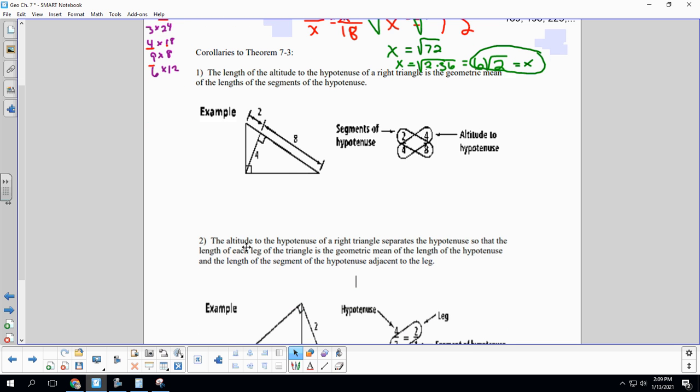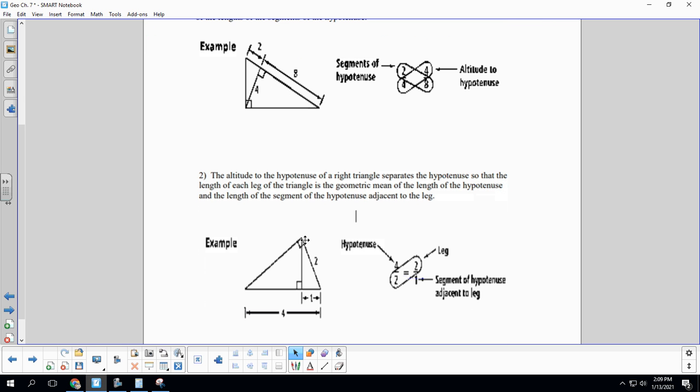Okay, the altitude to the hypotenuse of a right triangle separates the hypotenuse. So here's the other version of it. Here is our big triangle. We have our altitude, and if you look, we have the outside leg and our hypotenuse pieces.